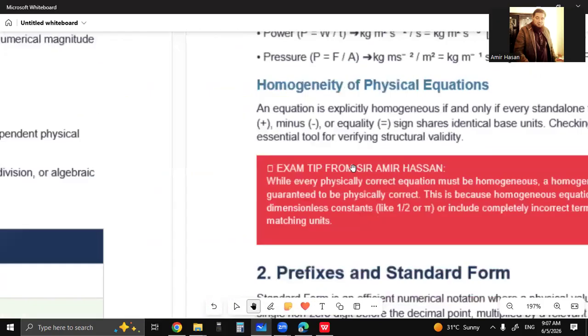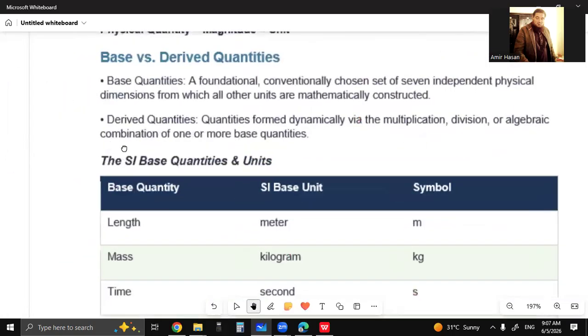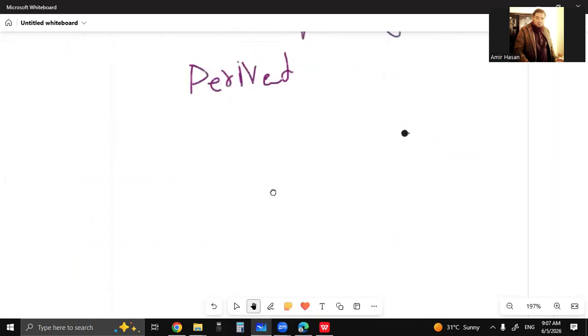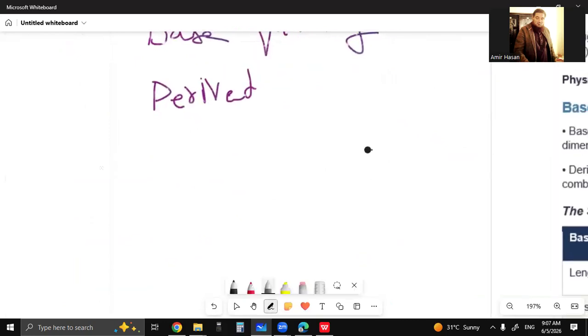Just like I'm writing here a distance equation, which is S equal to ut plus half at square.